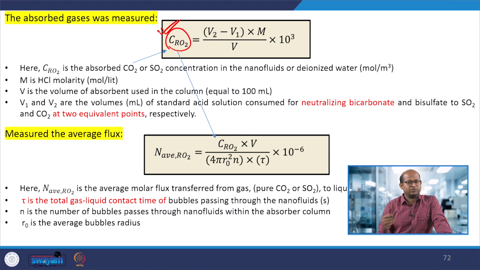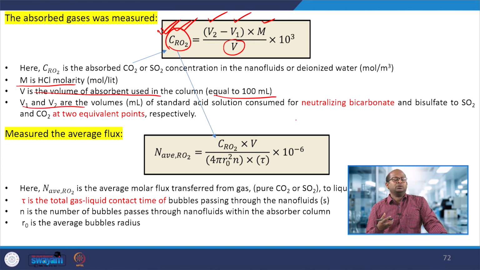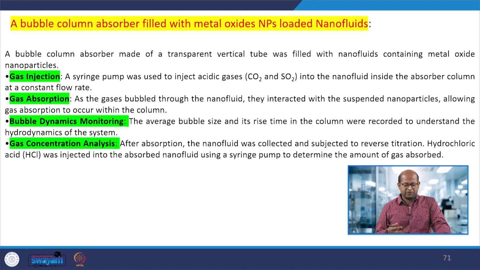Initially it was 0, and then when CO2 gas is passed through, the amount of CO2 absorbed in that base fluid we can find out by considering M, the molarity of the HCl that was used, the volume of the absorbent used in that column, and V1 and V2, the change of volume to neutralize the CO2 that is absorbed, with bicarbonate formation.